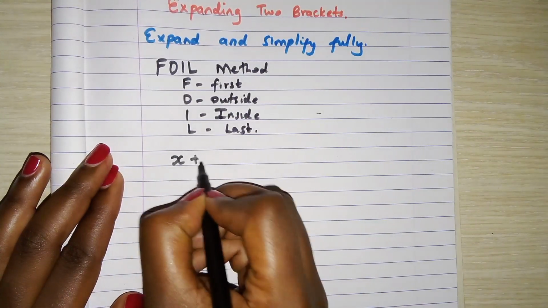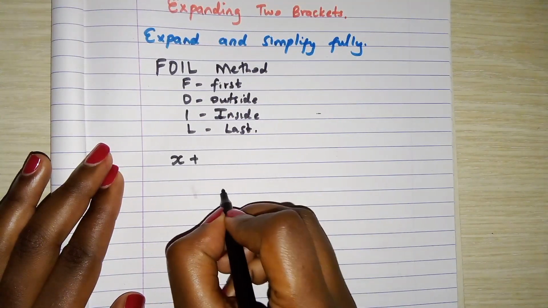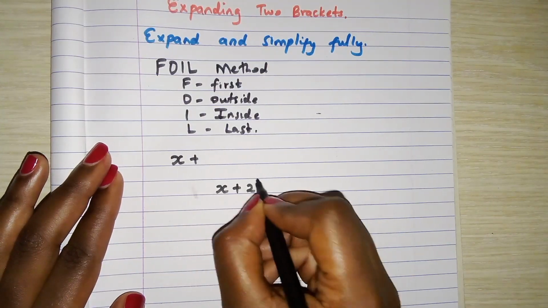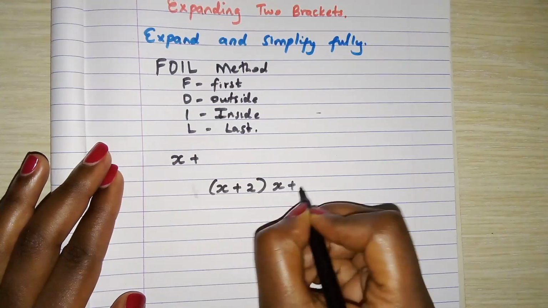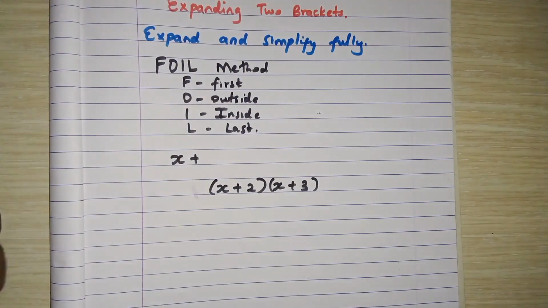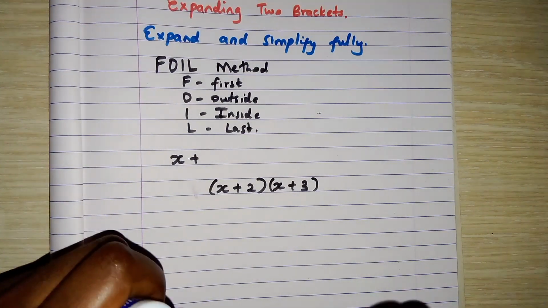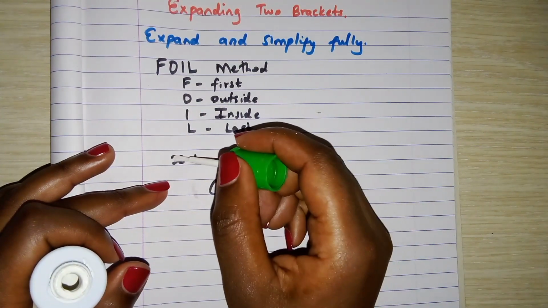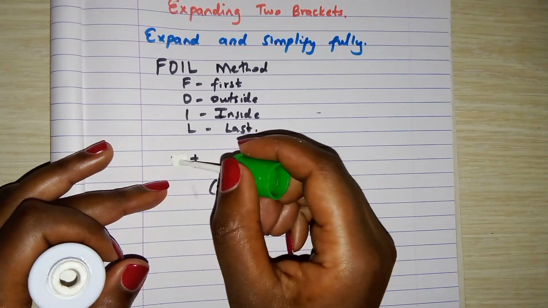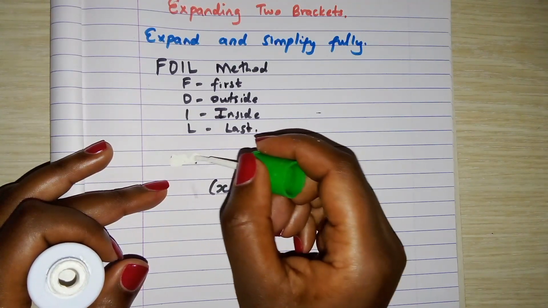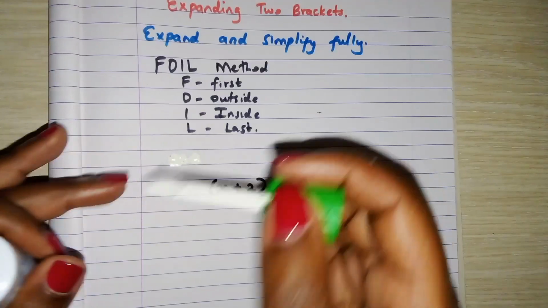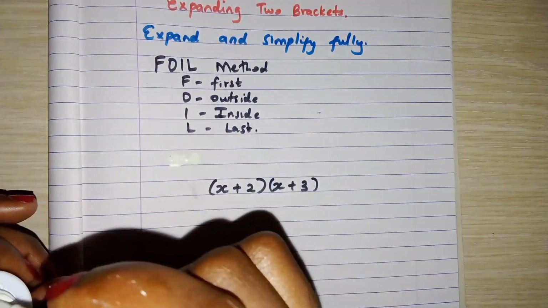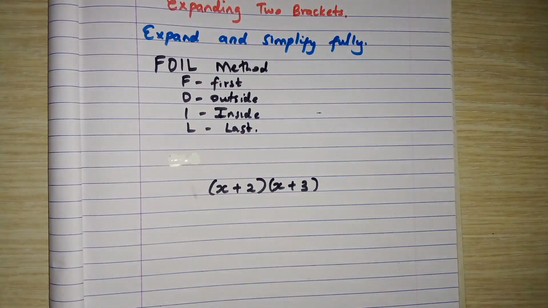So let's say we have x plus 2 and x plus 3. By the way, you can copy this method in your book and you can use different colors just to make it pop out.